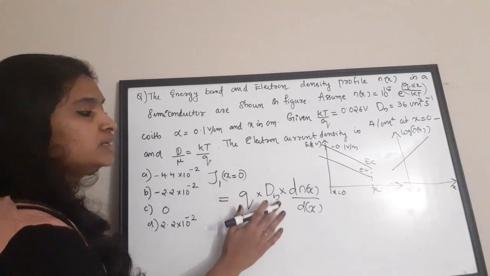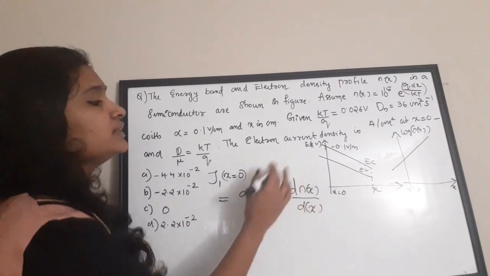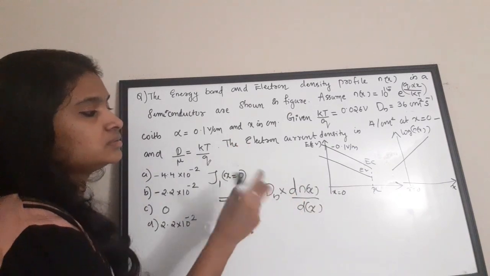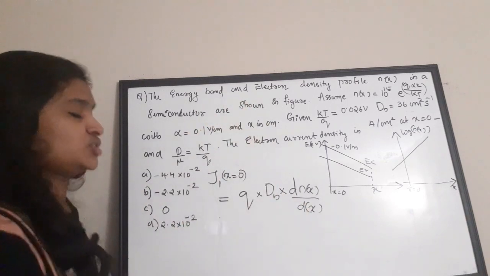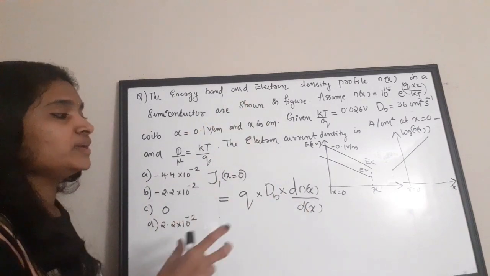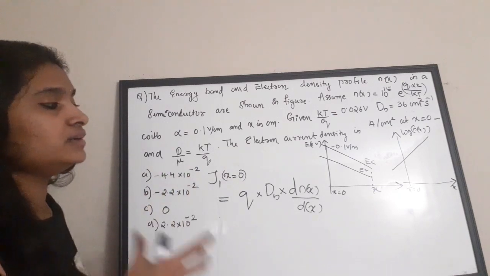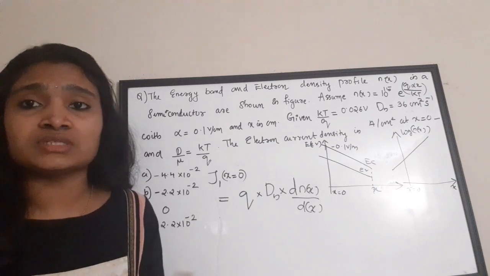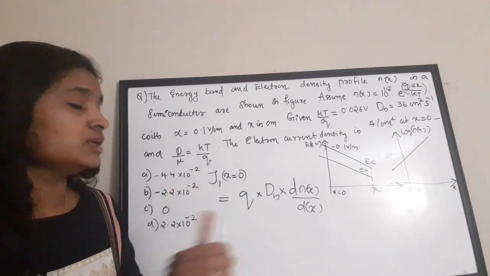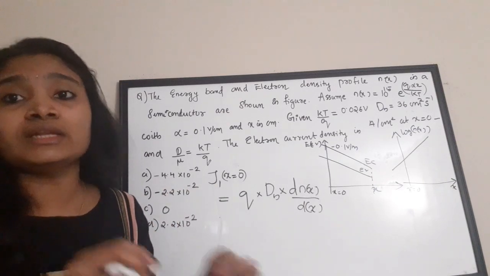Q into the diffusion constant into the electron density profile's differential. So this is how we calculate the diffusion current density. That is, diffusion means that due to the movement of the electrons, the current is happening, or diffusion of electrons.